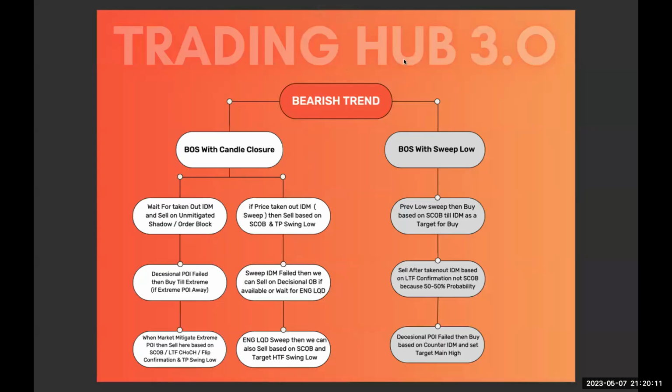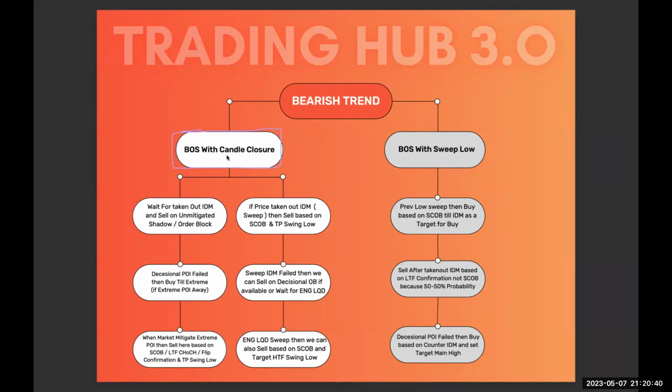Okay. So this is a bearish structure and it's similar, just the opposite of the bullish market, right? Here also there are two scenarios: candle closure, or sweep the high, sweep the low, right? Okay, break of structure with a candle closure. In this case, you can simply apply a similar thing.